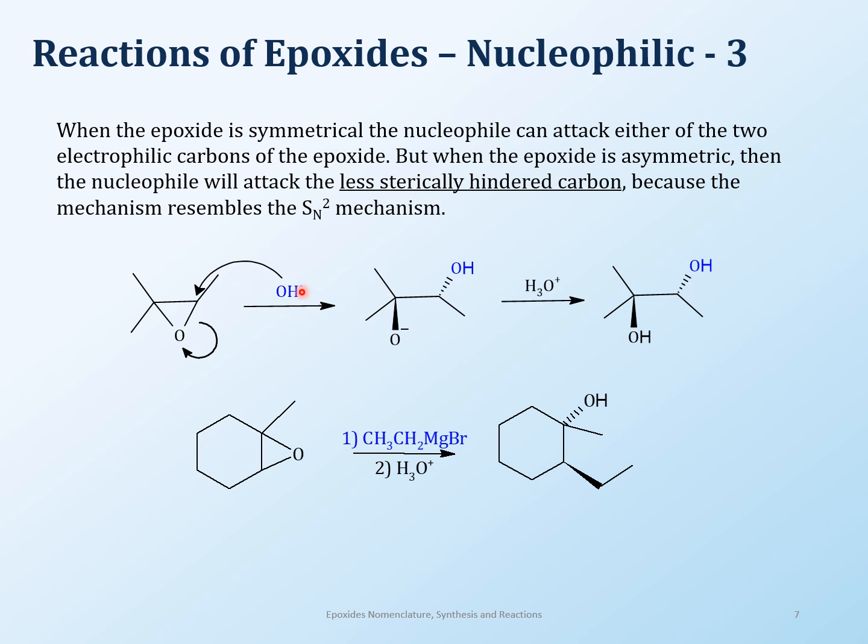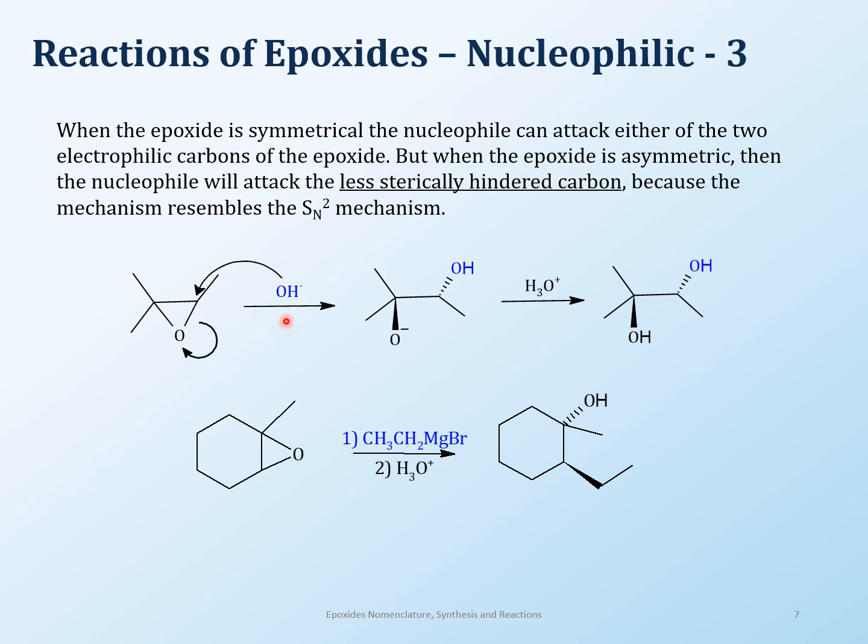Just one thing to talk about with the epoxide. In the previous slide, I took a symmetric epoxide, symmetric meaning that both the groups on this carbon were the same. In those cases, whether you attack on this carbon or this carbon, it doesn't matter. But in this case, I'm going to take an asymmetric epoxide so I can show you what happens when you have a nucleophilic attack.